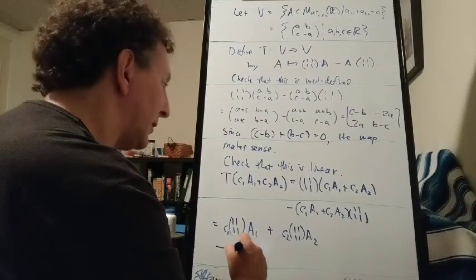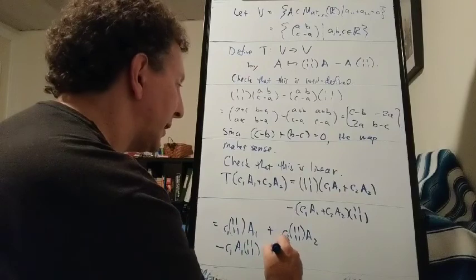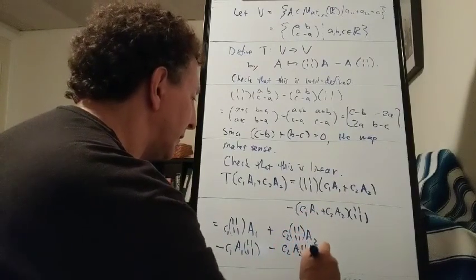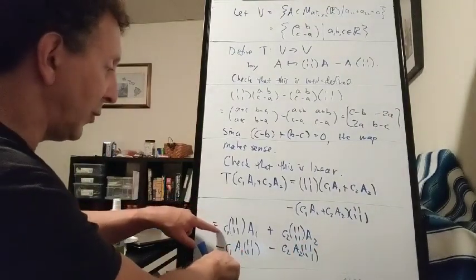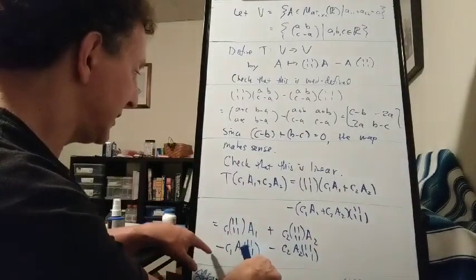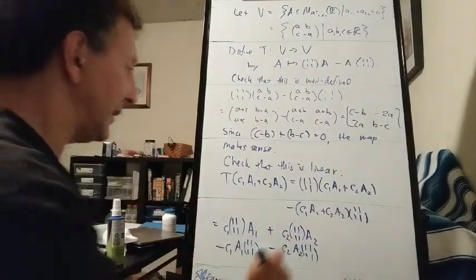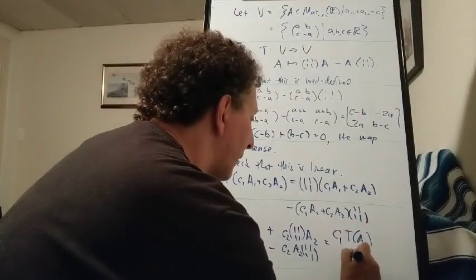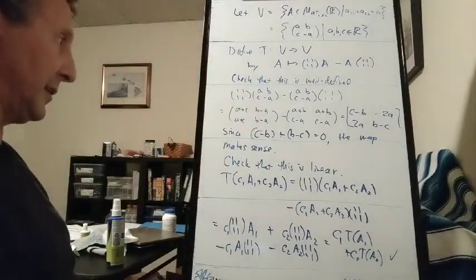So minus C1, A1, 1, 1, 1, 1, minus C2, A2, 1, 1, 1, 1. And then it looks like this is C1 times the transformation of A1. And this is C2 times the transformation of A2. So yes, it's linear.